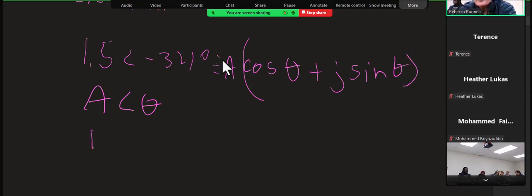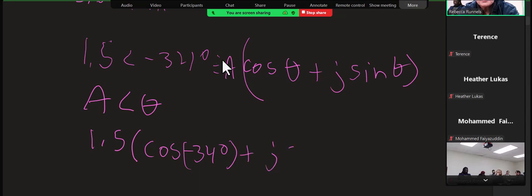So this one would be 1.5 open parentheses cosine negative 34 degrees plus j sine negative 34 degrees.